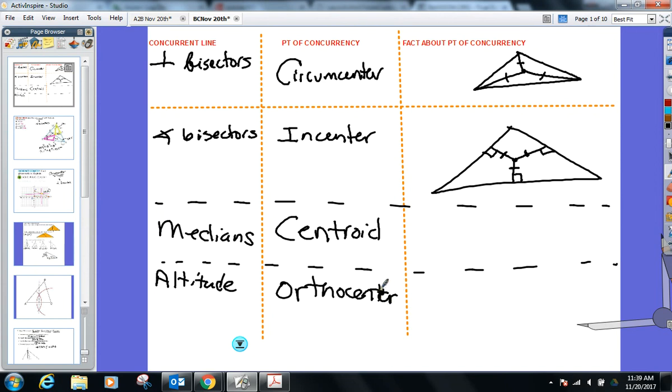And I always save this one for last because, unfortunately, there's not a theorem or a cool fact about it like the other 3. There's no real fact that it breaks it up into 2 to 1, equidistant from the sides, from the vertices. There's no real good theorem about it.